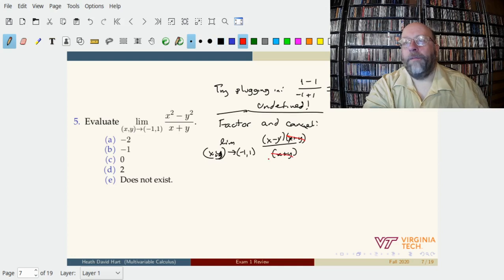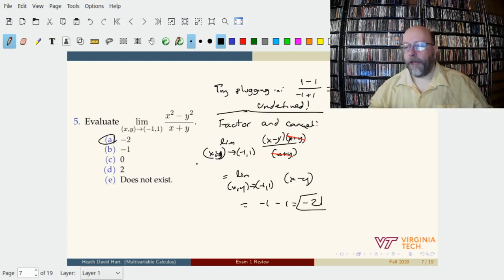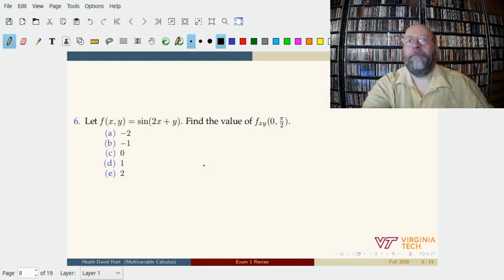These cancel, and we get the limit as x, y approaches negative 1, 1 of x minus y, which is negative 1 minus 1, or negative 2. Okay. All right.